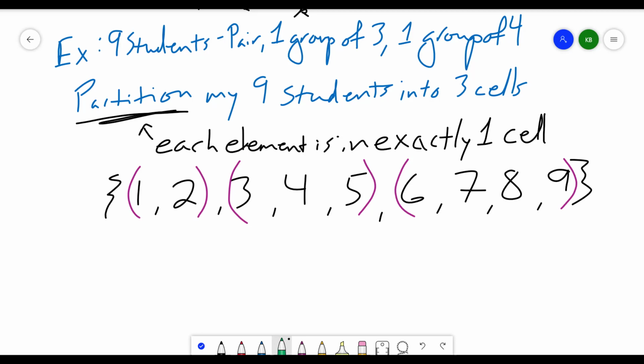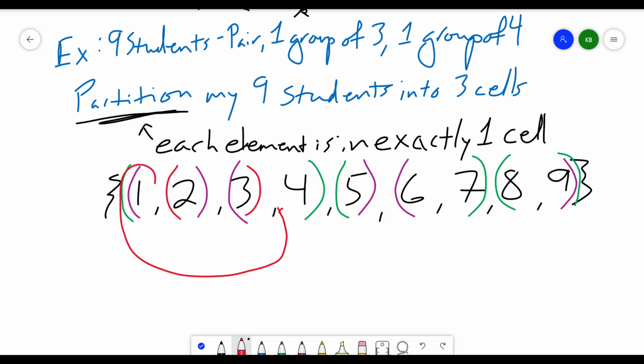I also could take a pair, and then 3, and then 4. And I also could do things more complicated, right, for the way I've got them written. So that could be my pair. This could be my group of 4, or 3, sorry. And then this could be my group of 4. So there's multiple ways that I can do this.